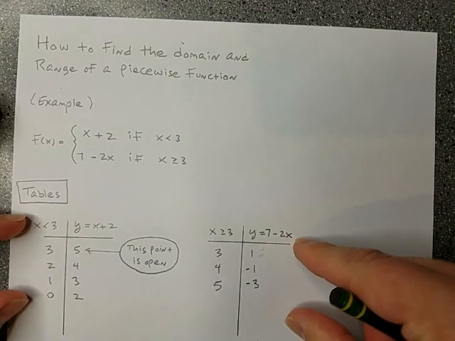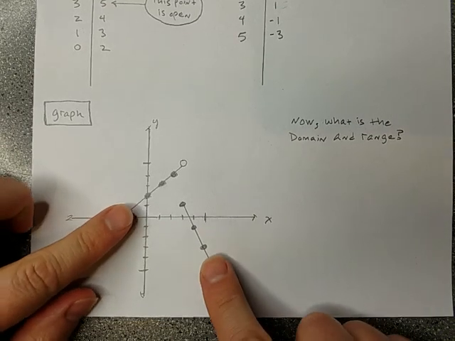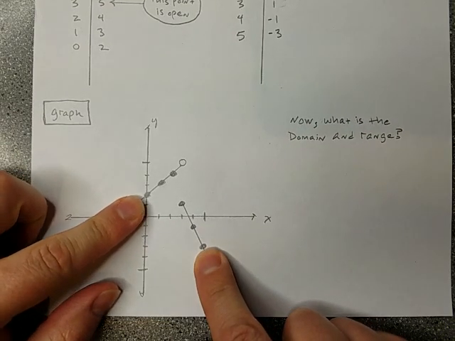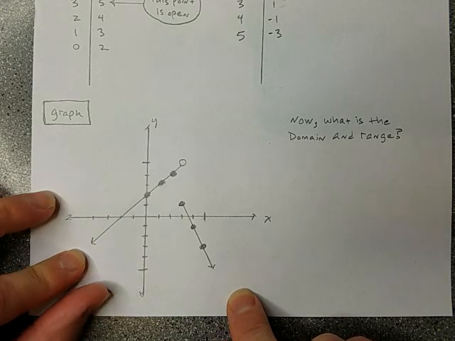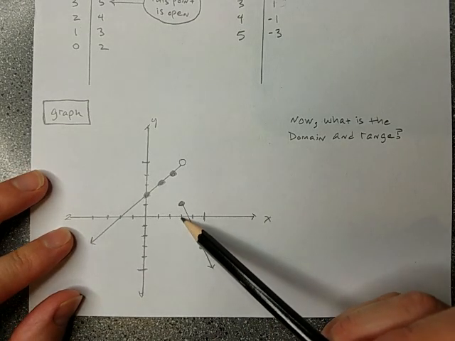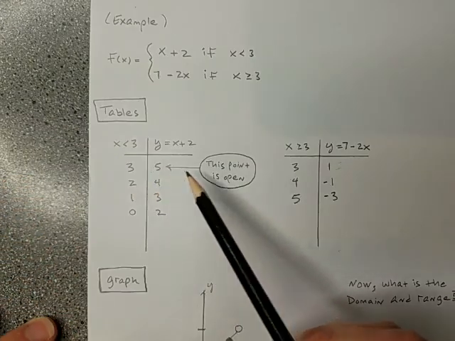Now, those are the points. The graph is made from the points. So if I plot those points, I'll get this much. But it continues. Look at these. Here's 3, 5. See, that's open right there? 3, 5 is open.